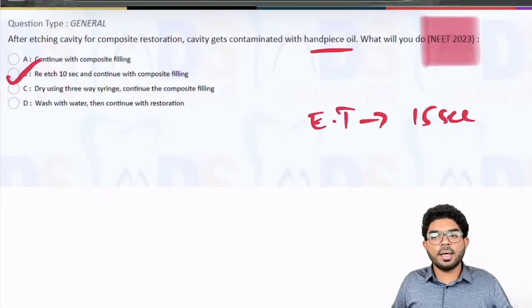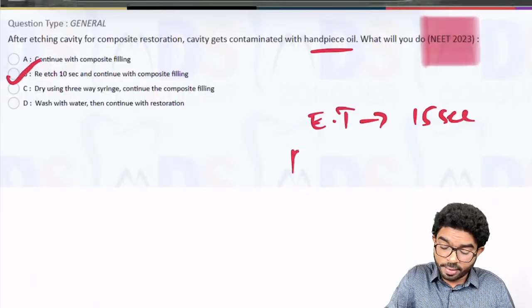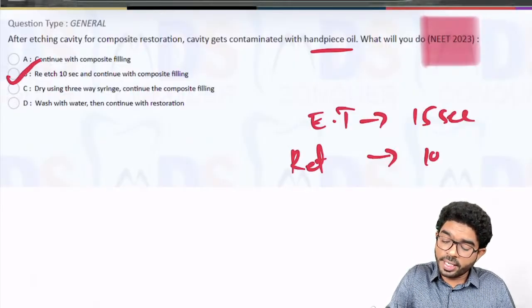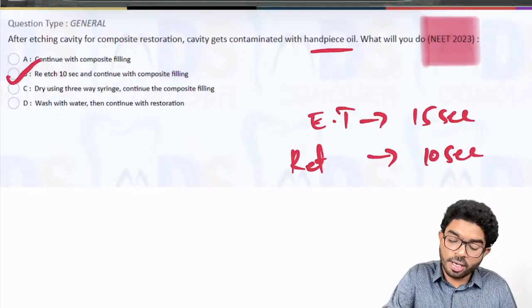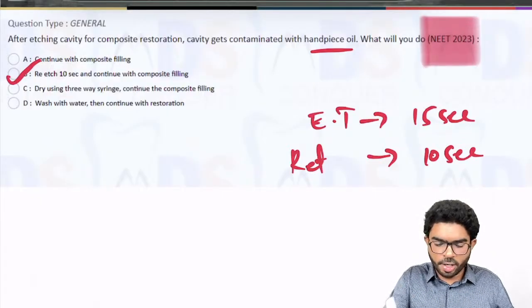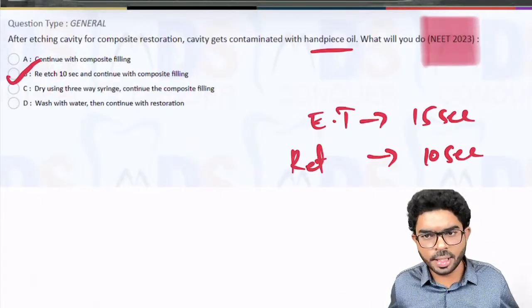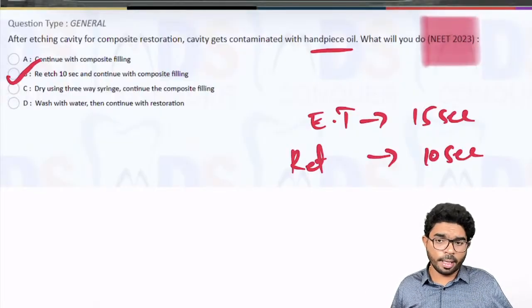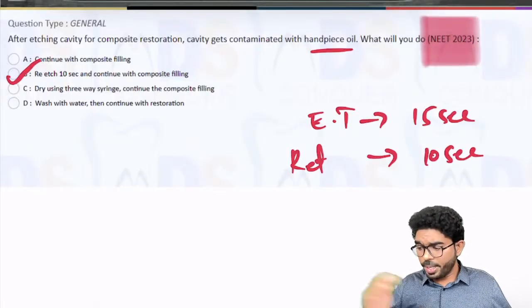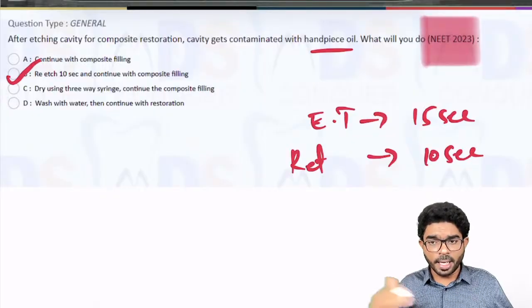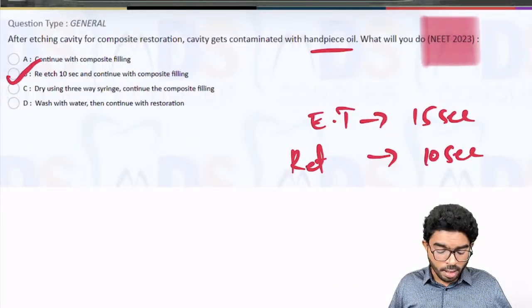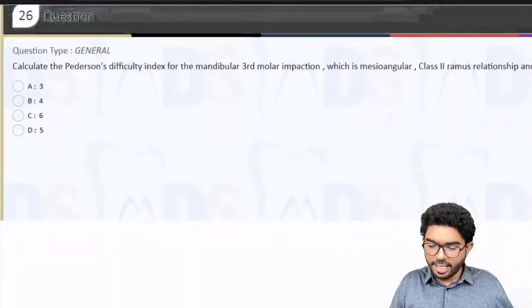Basic is whenever I'm re-etching, I'm going to do it for 10 seconds. So both of these are very, very important from our operative dentistry point of view. So basically it's an integrated question. Already a NEET repeat, and I hope most of you are solving repeats on one side to be on par in the prep.